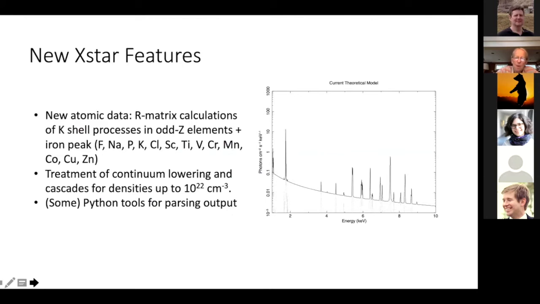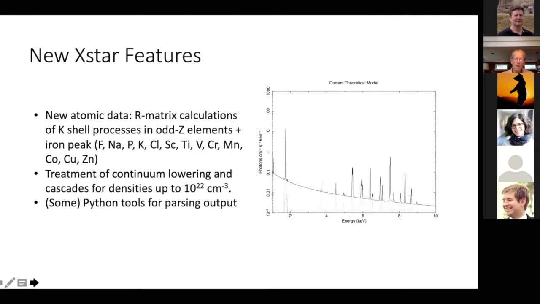So a slight progress report on what's new in the XStar code, which can be used to calculate all these things. We've recently updated the atomic data with new R matrix calculations of K-shell processes in all the elements with atomic number less than 30, which had been previously treated in a very approximate way using hydrogenic scaling.